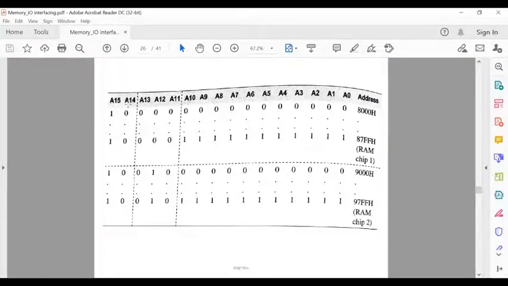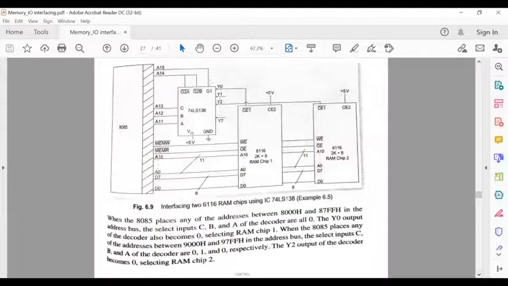And if the A14 line is grounded, then it remains always logic 0. So make it in that way that the A14 line should be connected to the G2A bar and G2B bar. You don't need to connect the ground pin also, because A14 line is always 0. It is not changed anytime. So that's why it is directly connected.